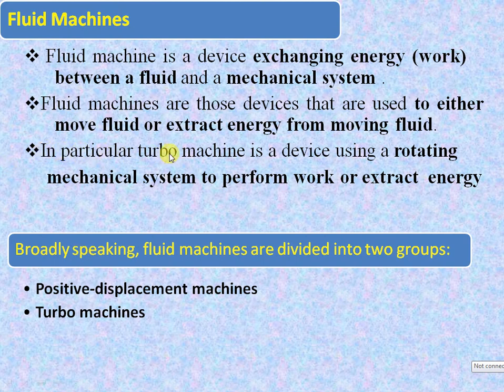A turbo machine is a device using a rotating mechanical system to perform work or extract energy. Broadly speaking, fluid machines are divided into two groups: positive displacement machine and turbo machine. These are the two different types of fluid machines.